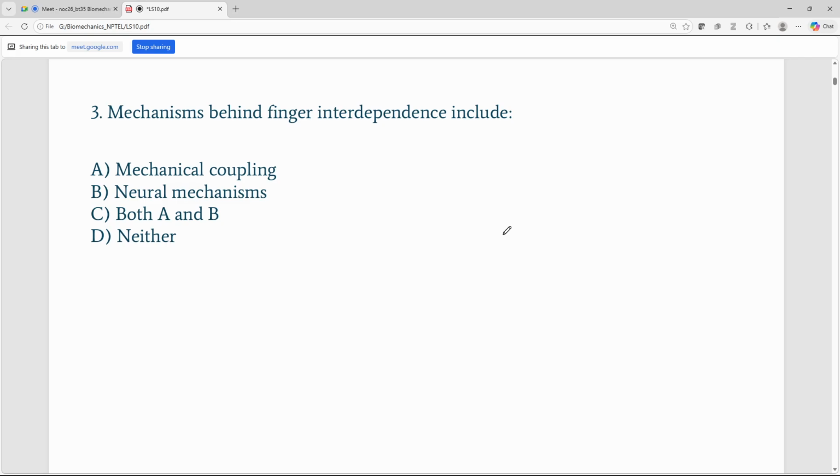Which of the following mechanisms is associated with finger interdependence?